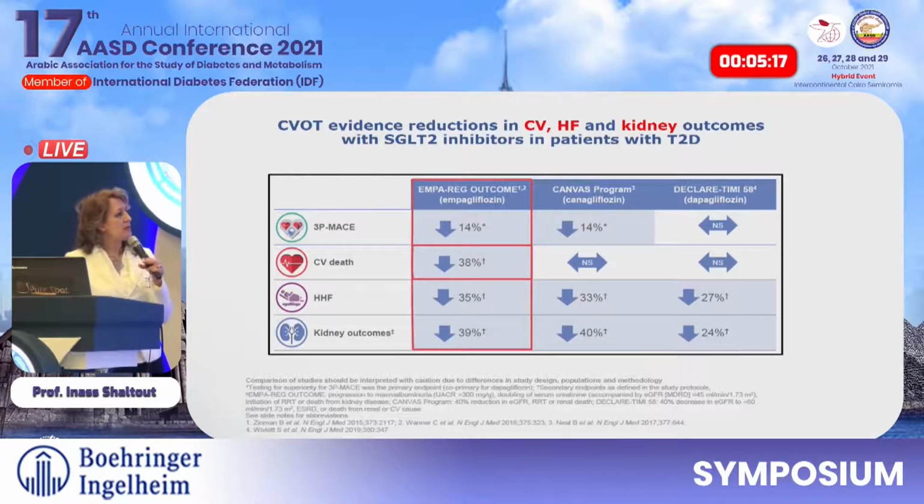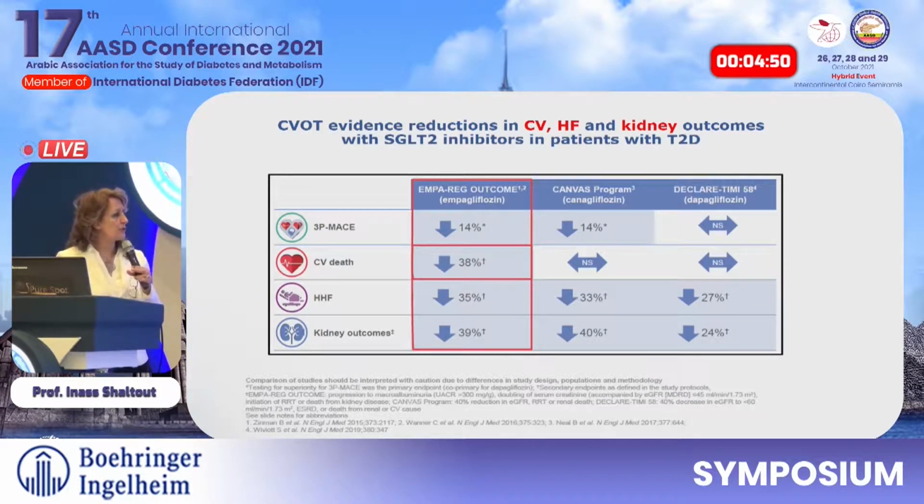And this is a comparison between the three molecules, empagliflozin, canagliflozin, and dapagliflozin, in the main cardiovascular outcome trials: the EMPA-REG, the CANVAS, and the DECLARE trial. For the 3-point MACE, they found a 14% reduction with empagliflozin and a 14% reduction with canagliflozin, and it was non-significant for dapagliflozin.